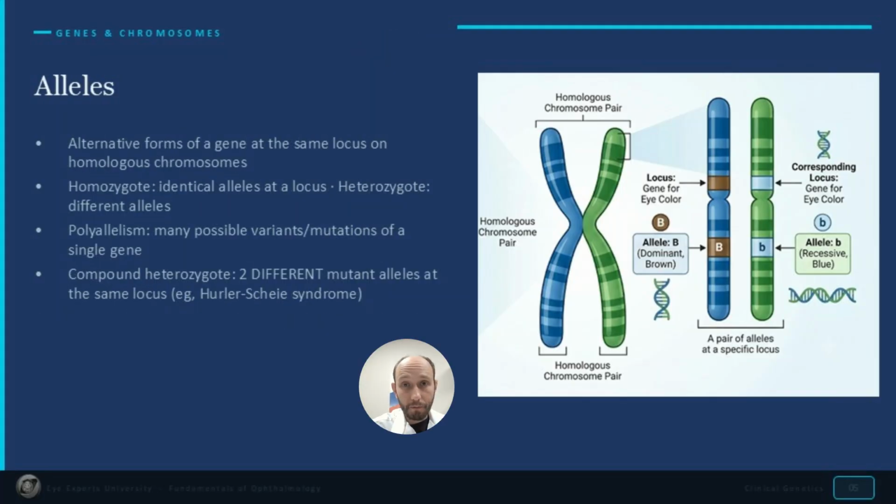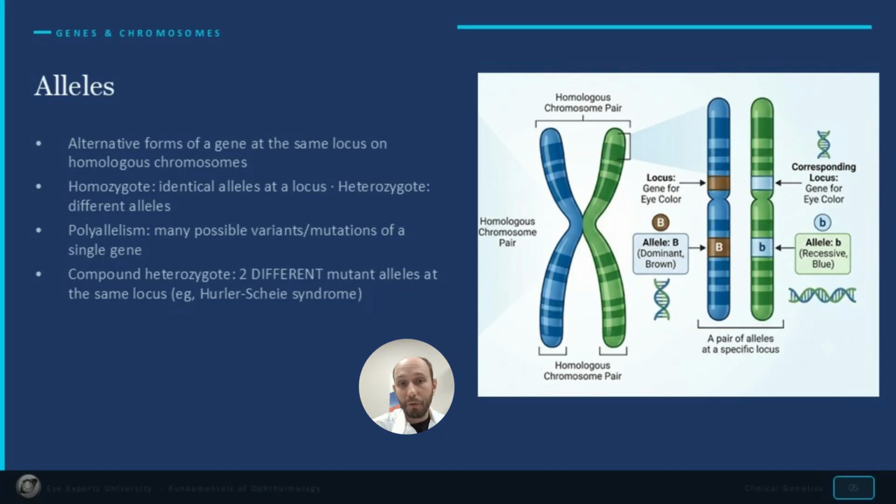An allele is a term for a gene pair. So, as we know, we have two copies of each chromosome. So, there's a copy of a gene on each one of those, except for XY combos. So, if you have a homozygote, that means that each gene copy on each of the chromosomes is the same, versus a heterozygote means one of the genes is different from the other one.